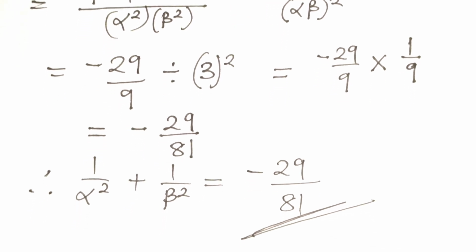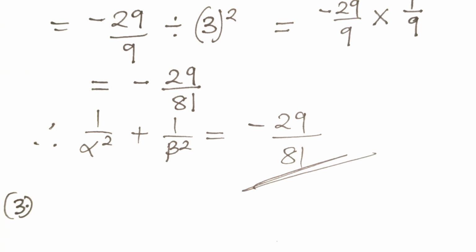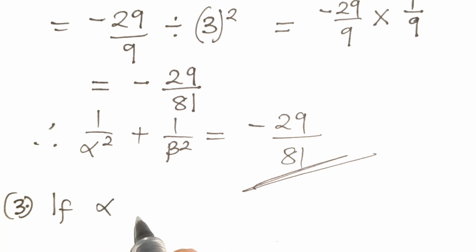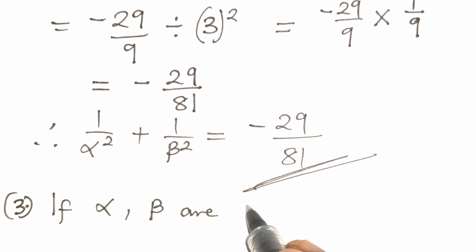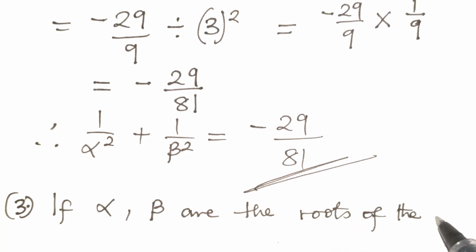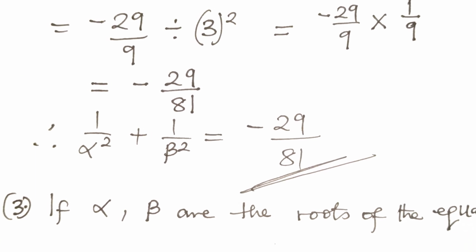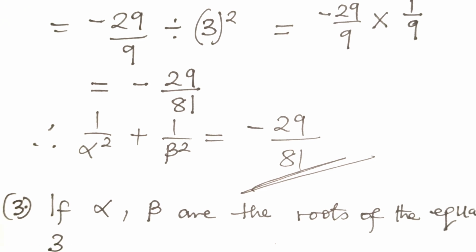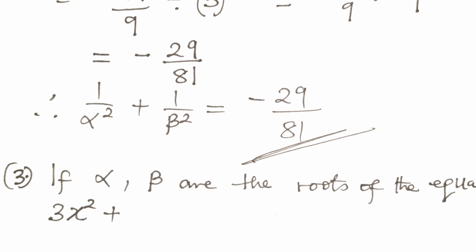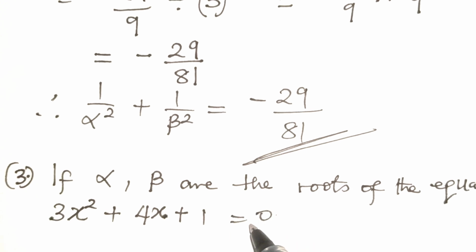Now let's go to example 3. Number 3, if alpha and beta are the roots of the equation 3x squared plus 4x plus 1 equal to 0.